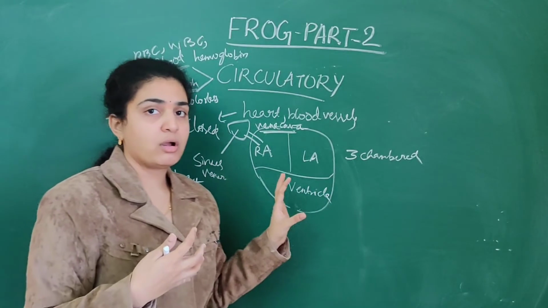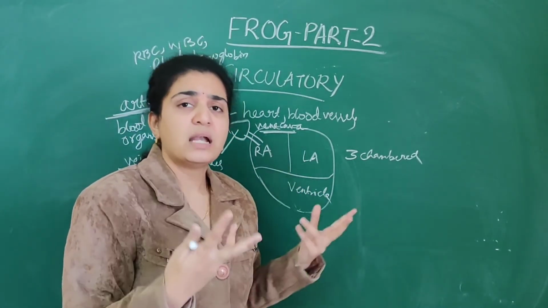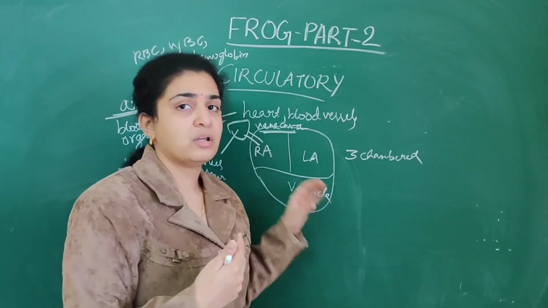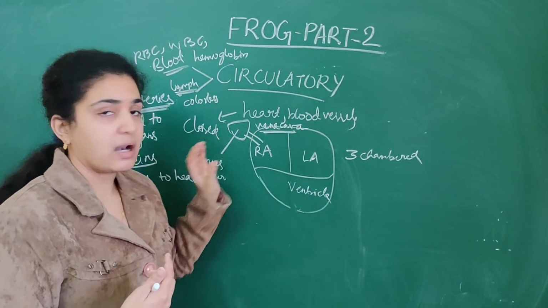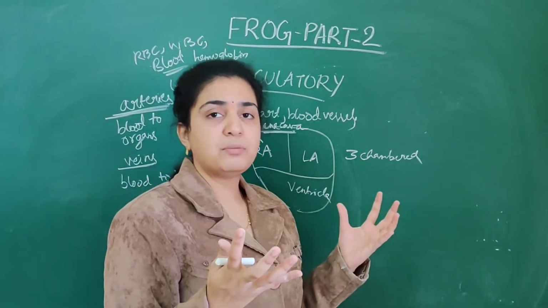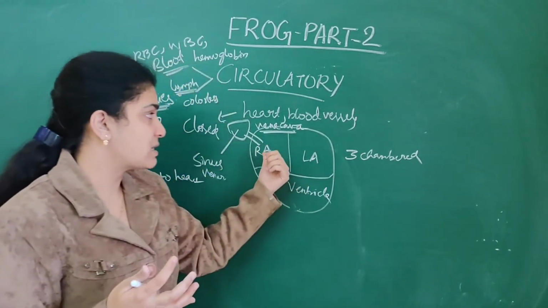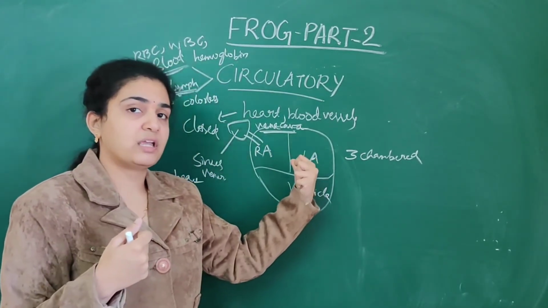In the heart of the frog, it is a 3-chambered heart, that is 2 atria and 1 ventricle. Sinus venosus opens into the right atrium through the vena cava. From all the different parts of the body, deoxygenated blood comes into the right atrium through the vena cava.